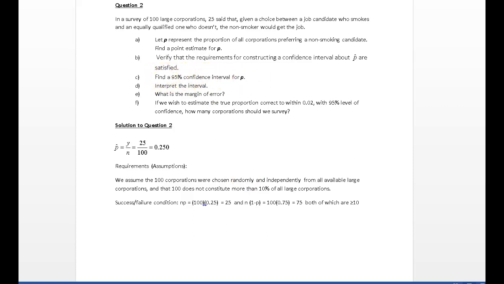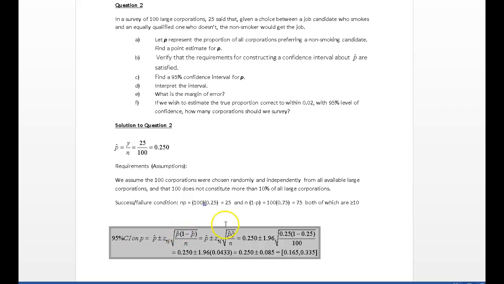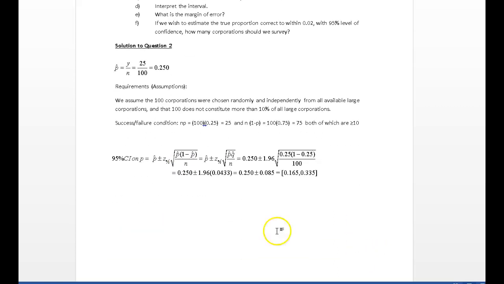Find a 95% confidence interval for P, where P represents the true proportion. My formula for proportion says it's a 95% confidence interval on P. How do we calculate that? We take the sample proportion, the p-hat value, plus or minus the z-score, which depends on the level of confidence, times the standard error.